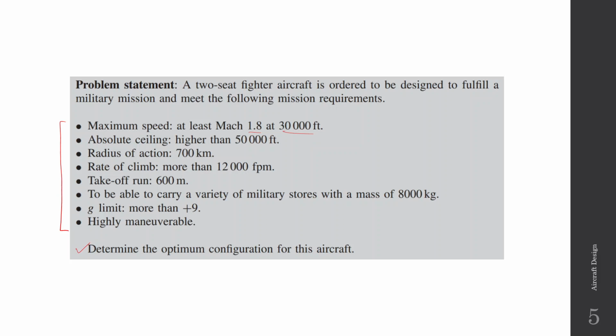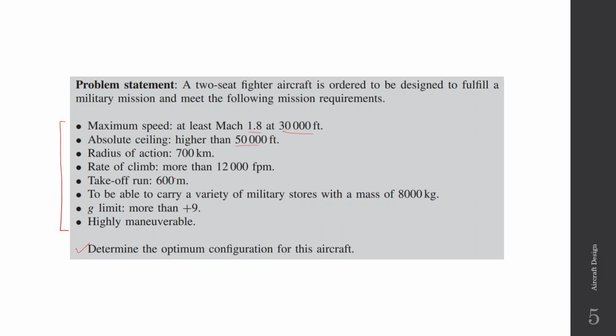So we'll have to design the wings in such a way that it can fly efficiently at that speed. Then the absolute ceiling is higher than 50,000 feet. Normal civilian aircraft fly at 30,000 feet, so this will require better engines to go to that altitude.